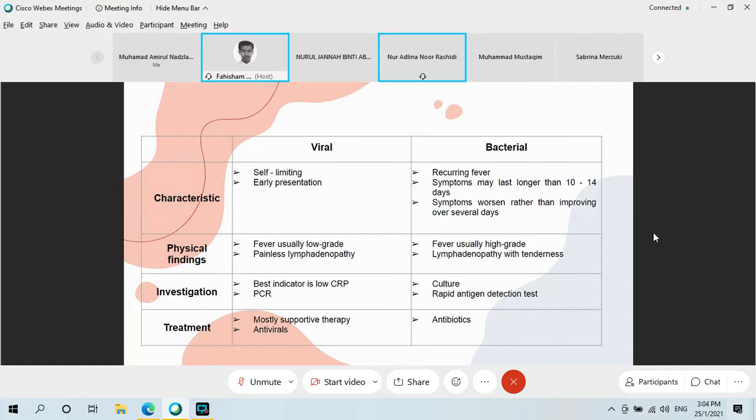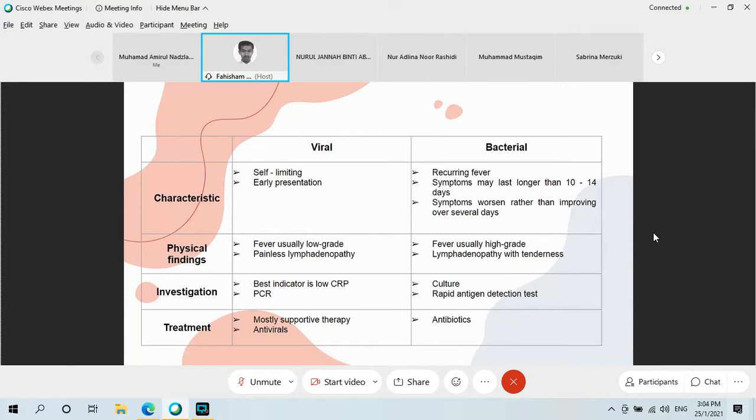Wait. Investigation, it's not enough yet. What are the investigations required apart from CRP? CRP is not specific. Whatever you're going to do is always not specific. But a high CRP will indicate bacterial infection, and a low CRP will indicate viral infection.